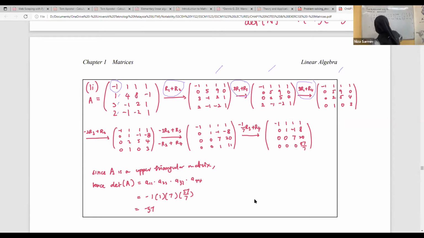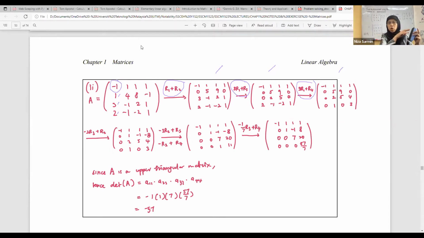So for this one, I just put like this, yeah, for determinant. Okay, what you do is by matrices. So you said you do this, you do this, you do this, and all is kRi plus Rj. And then you said since this is an upper triangular matrix, the determinant of the original is the same as the determinant of the last one. And you had to mention that somehow why they are equal, right?